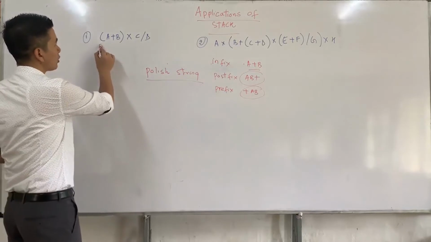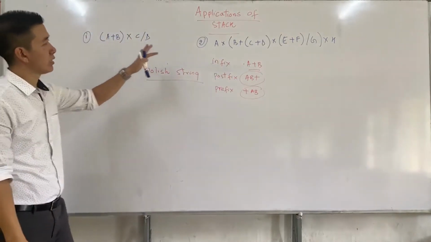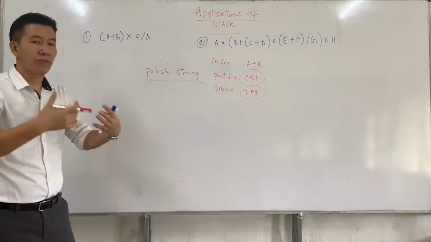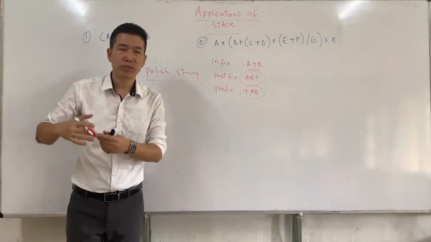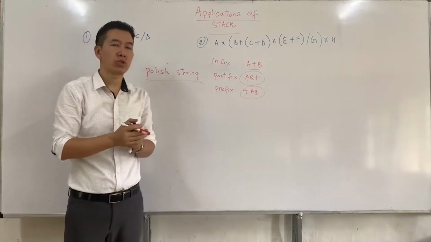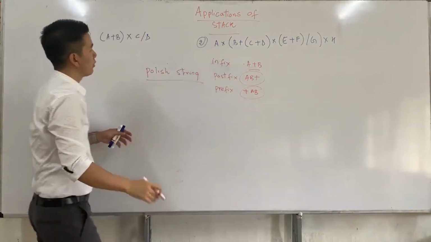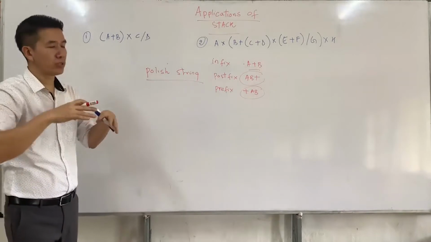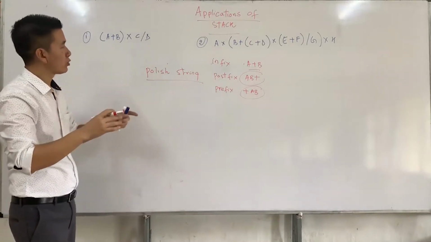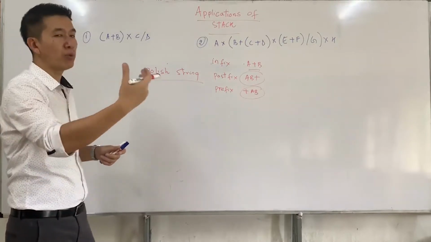For us to evaluate arithmetic expressions like this, it's very easy. We have the rule of BODMAS, which starts with brackets, then division, multiplication, and so on. When you look at this, we need to use our human intelligence to figure out which operation is to be evaluated first.